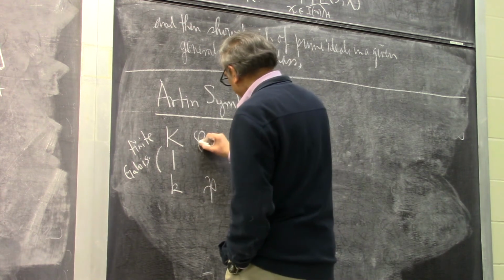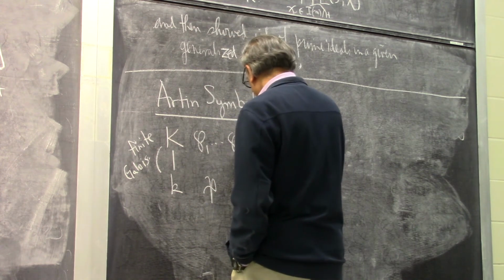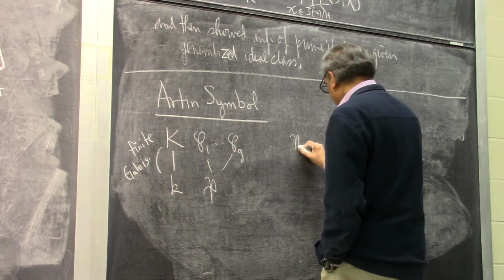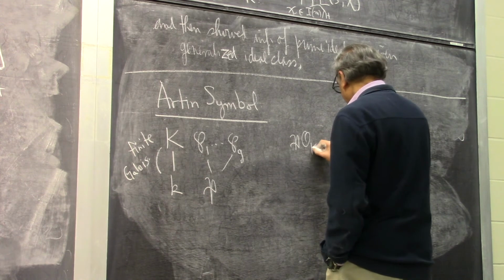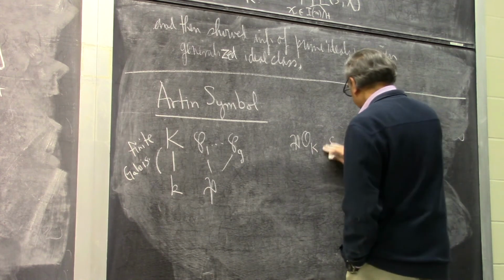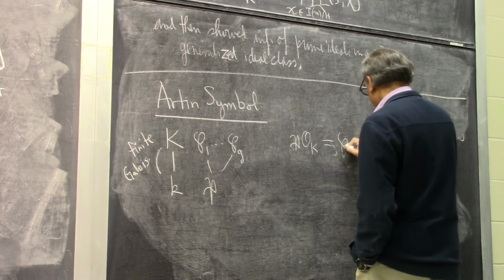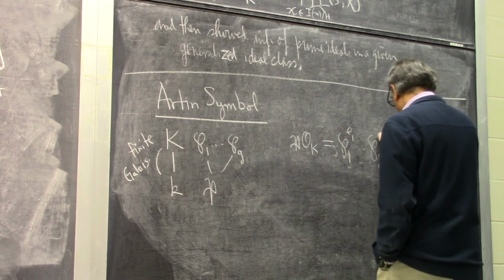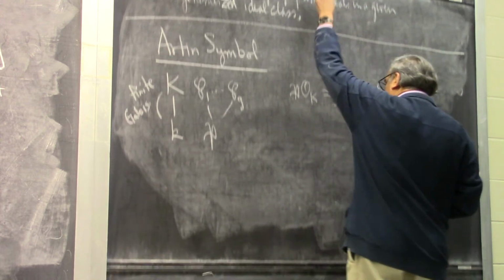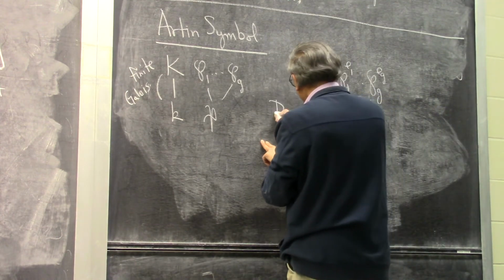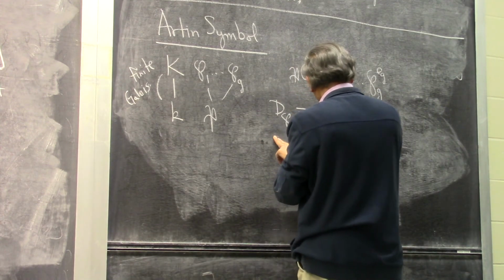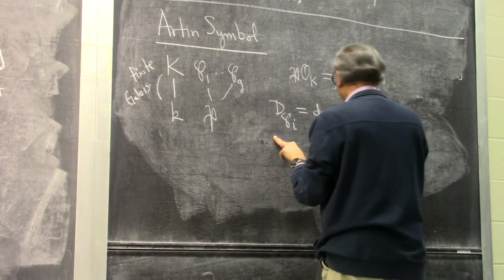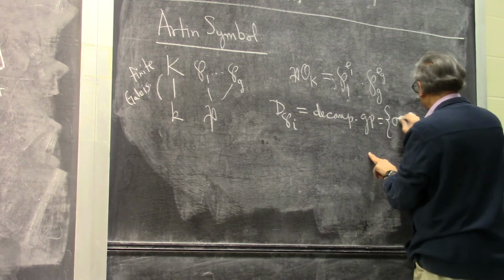We agreed that we have a bunch of prime ideals upstairs, like so, and the ideal generated by the upstairs factors. For each prime ideal upstairs, we have what's called a decomposition group, a collection of automorphisms of the Galois group.